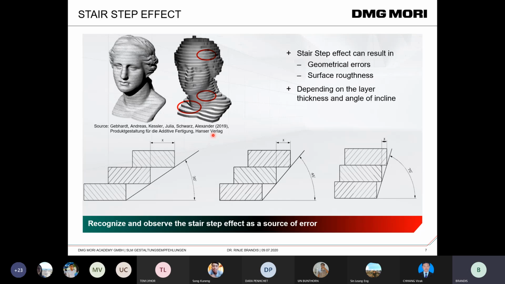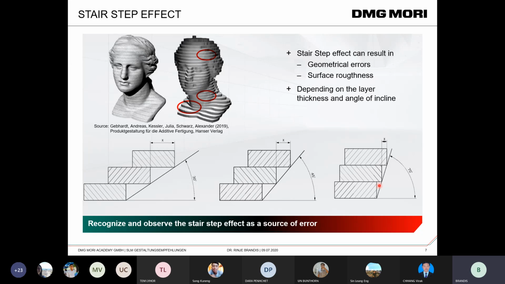And keep in mind the so-called step effect. If you create surfaces with flat angles, like this one, 30 degrees, this step effect will be much higher than if you create higher angles, like in this example, 70 degrees. At the end, the stair-step effect can result in geometrical errors or roughness at the end of the surfaces.